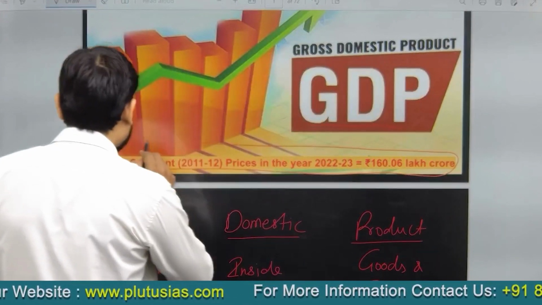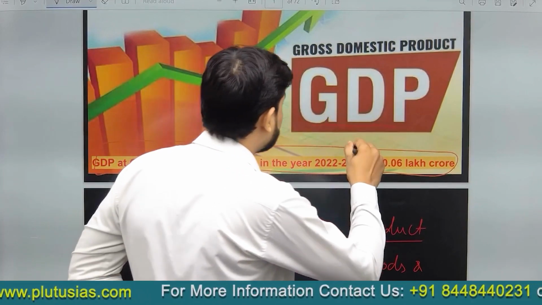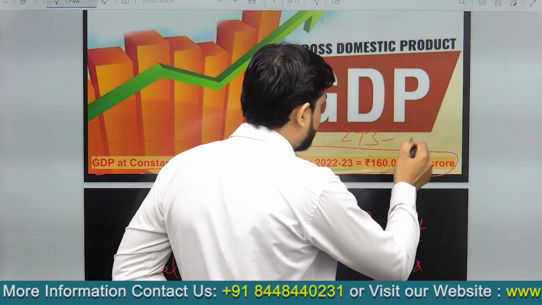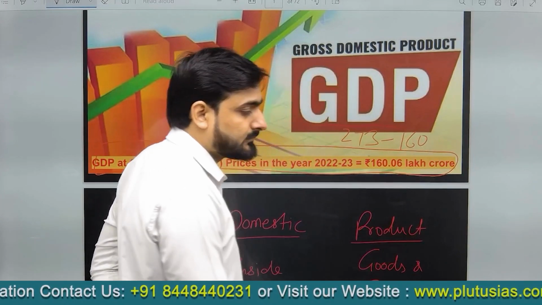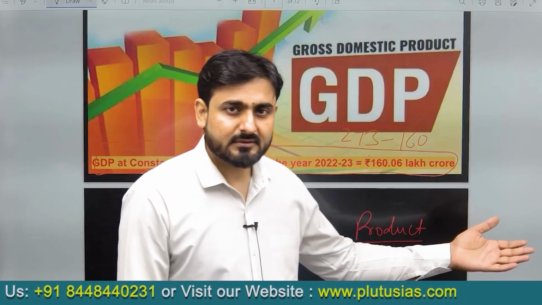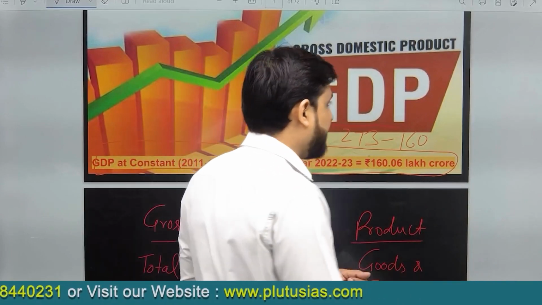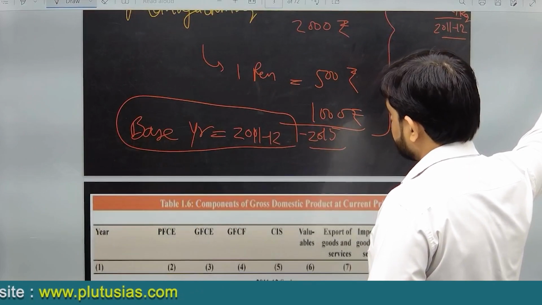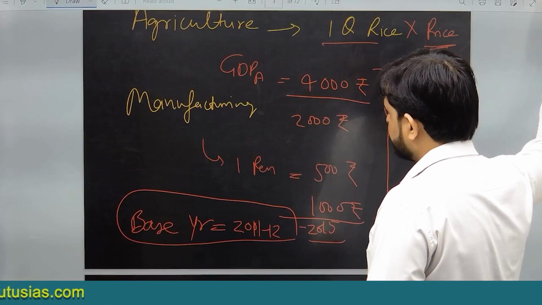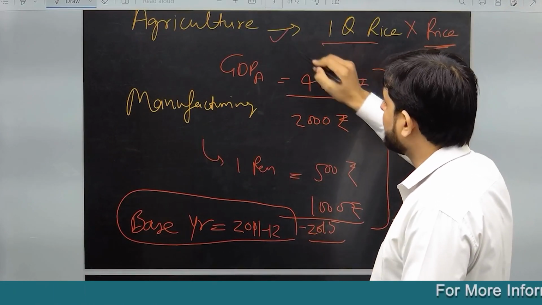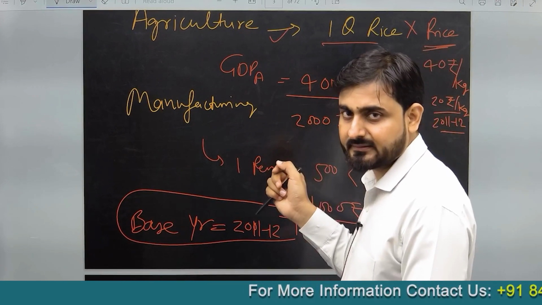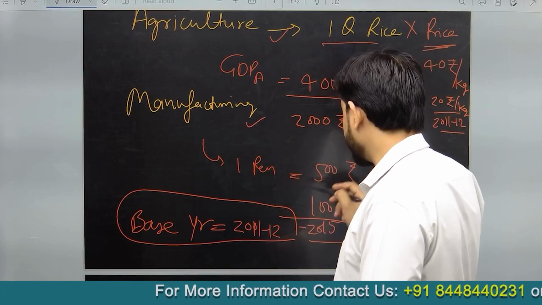So here you are noticing the difference between 273 lakh crore and 160 lakh crore. This is a huge difference. So we calculate GDP based on current price. When we add product multiplied by fixed price, then we get GDP.